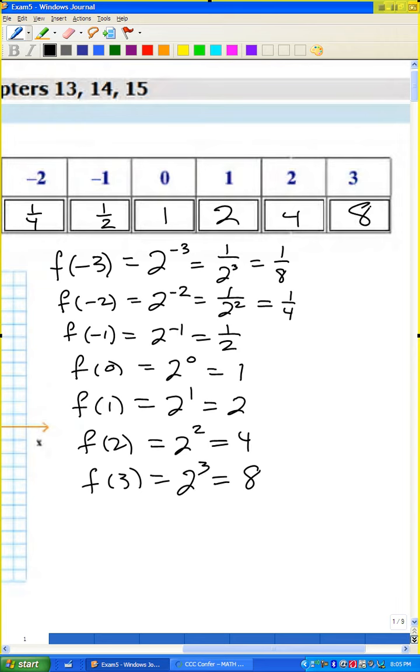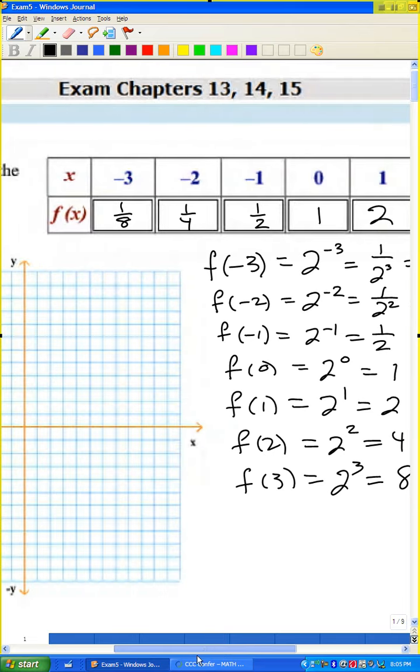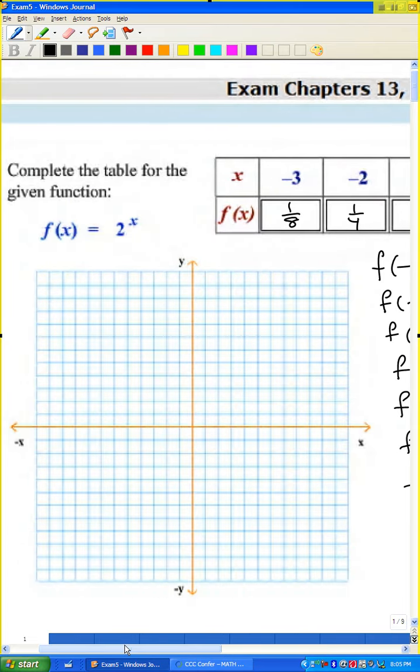Okay, so let's do this. And so 1 over 8, 1 over 4, 1 over 2, 1, 2, 4, 8.